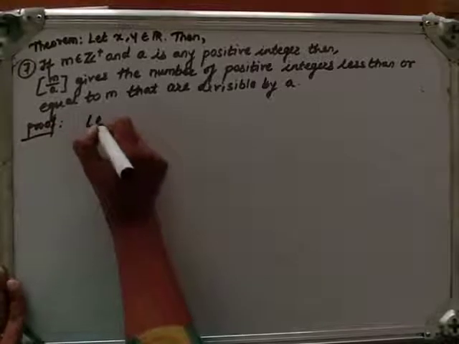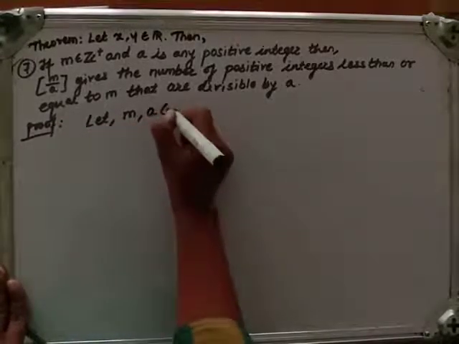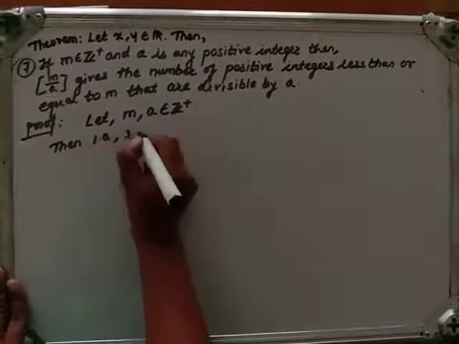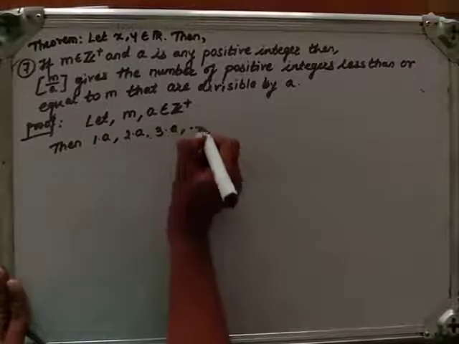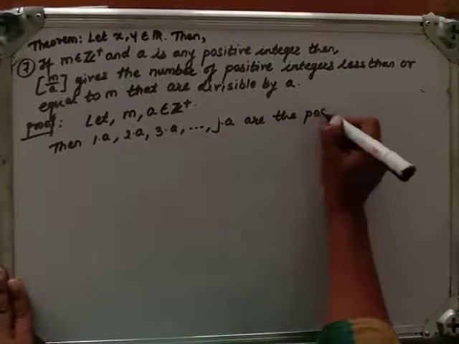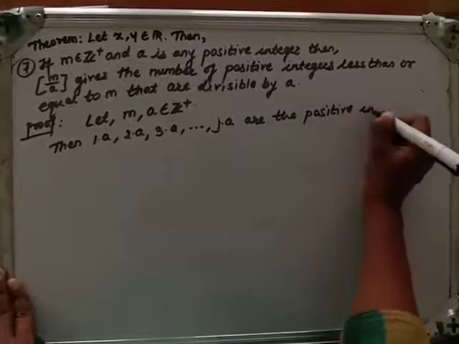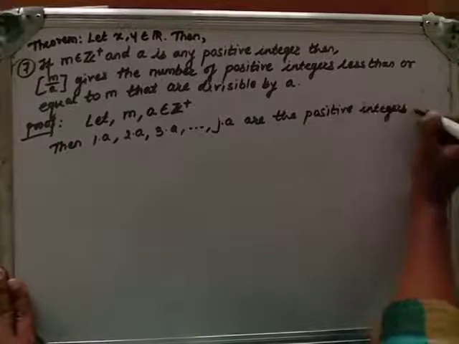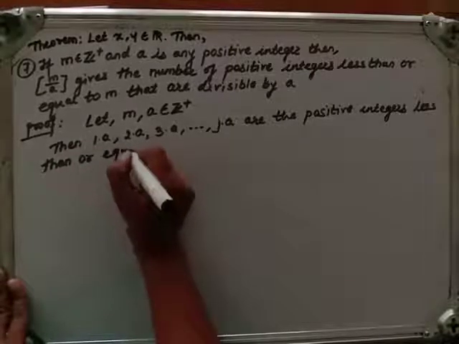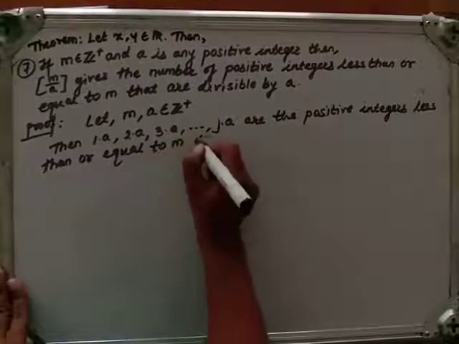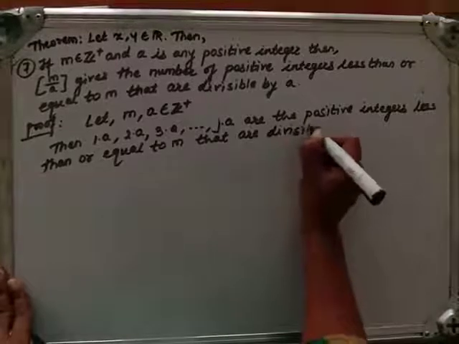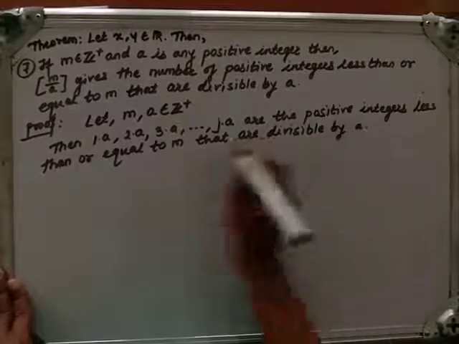So, let's prove it. Proof. Let m and a be in the set of positive integers, then 1 into a, 2 into a, 3 into a, and so on up to j into a are the positive integers less than or equal to m, and that are divisible by a.